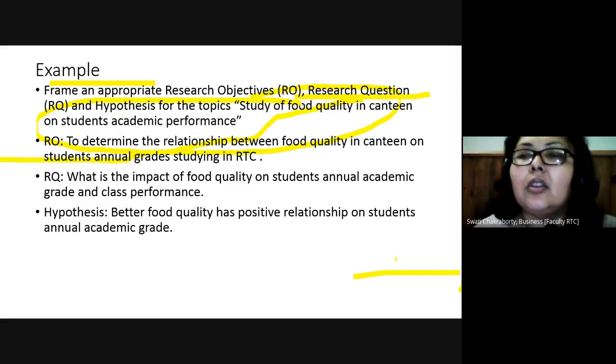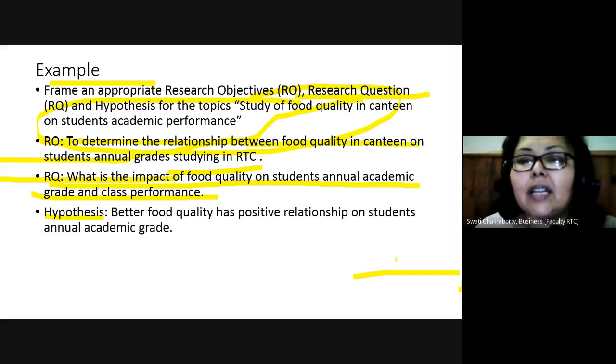That's your problem statement. So what is your research objective? To determine the relationship between food quality in the canteen and students' annual grades studying in RTC. From there, you come up with your research question, which is: what is the impact of food quality on students' academic grade and class performance?